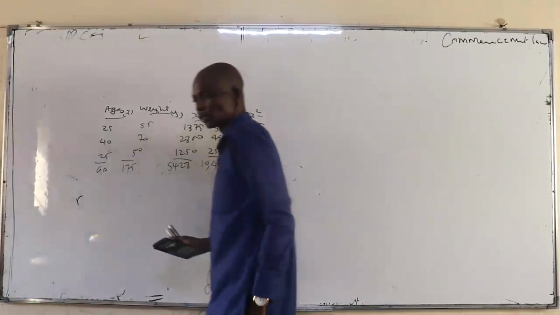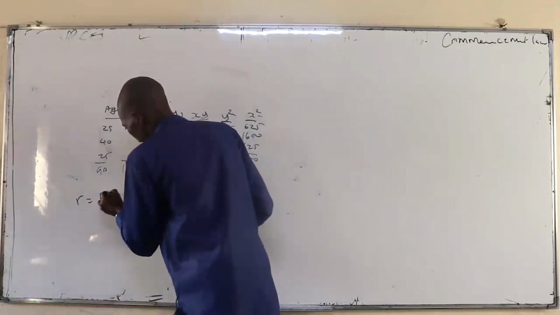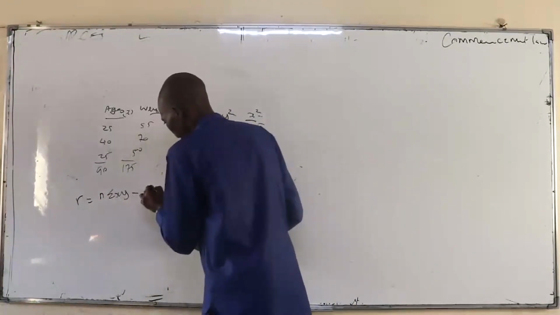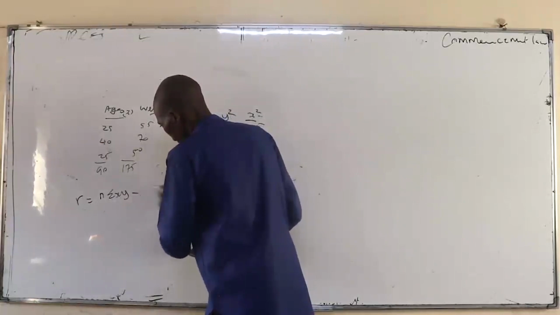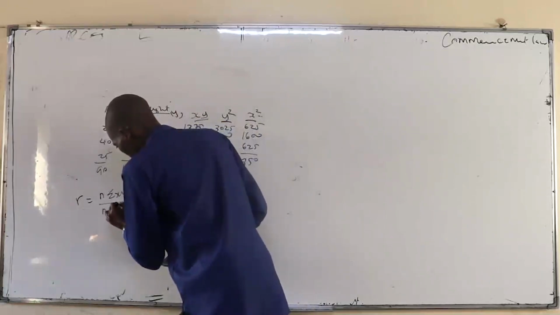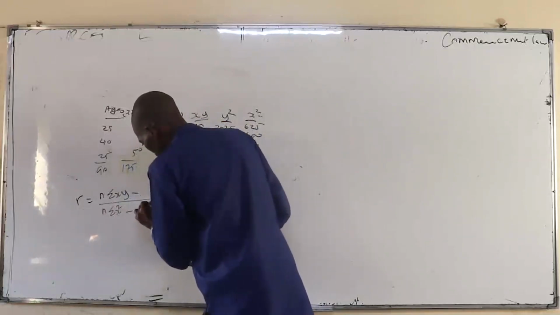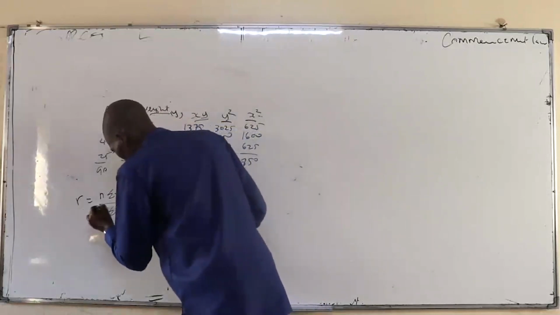We have said that the Karl Pearson coefficient of correlation is given by n summation of xy minus summation of x summation of y, over the square root of n summation of x squared minus summation of x all squared. We shall work that bracket out.